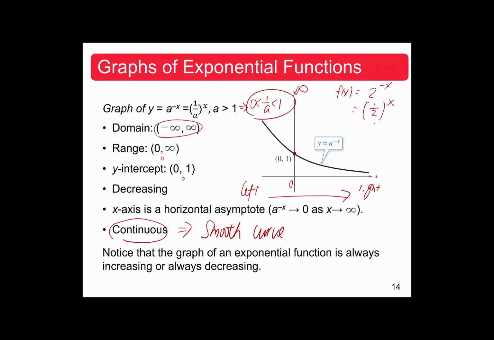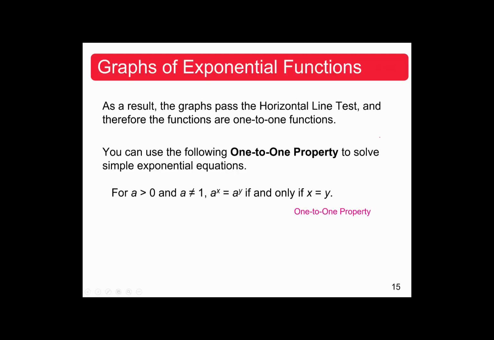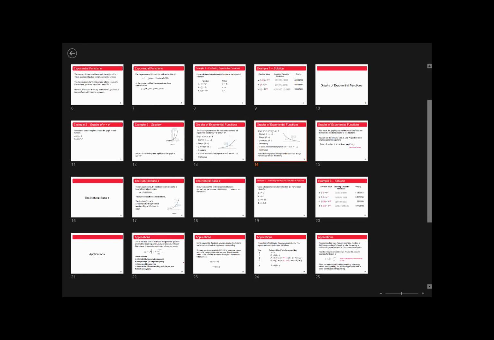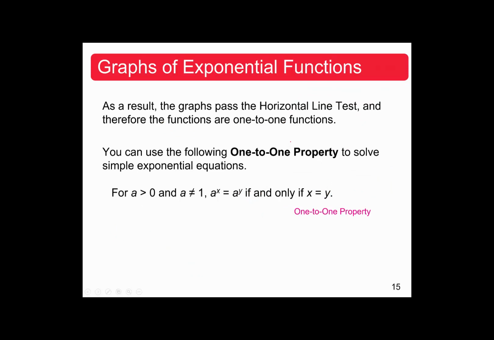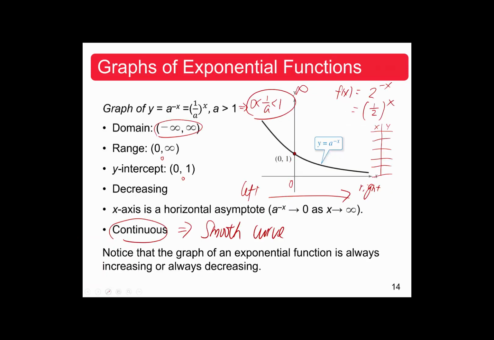And similarly, if you come up with the ordered pairs, let's say 5 ordered pairs, with similar patterns, starting at x = -2, the y values will become 4, 2, 1, half, and a quarter.